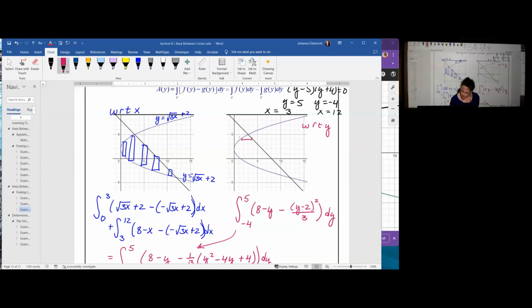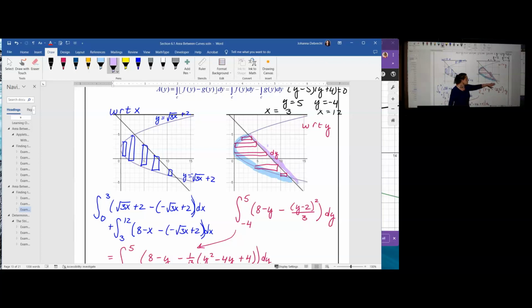So I took a look at what I would do if I were to integrate this instead with respect to y, drawing strips from the top to the bottom, allowing the narrow edge to be the differential dy. I notice that I always have the same function on the left, which is that sideways opening parabola, and the same function on the right, which is the line. This tells me I can write it as one region instead of two.